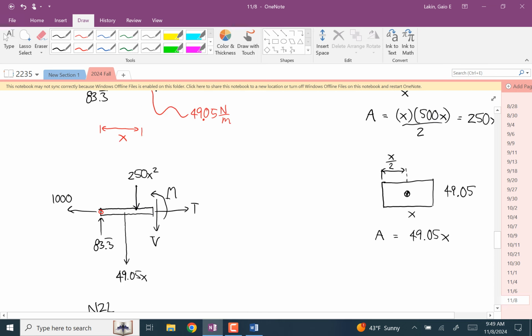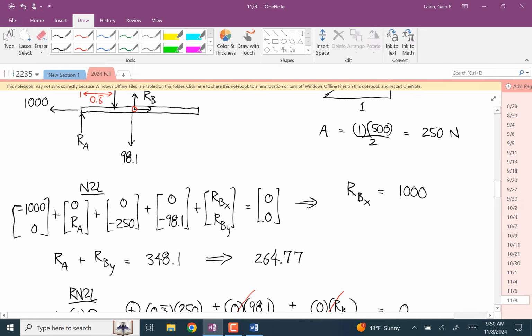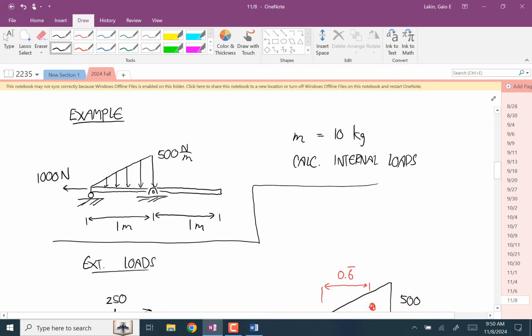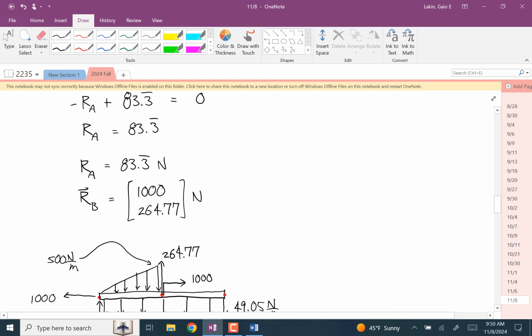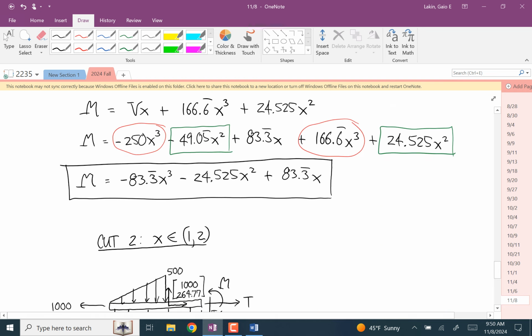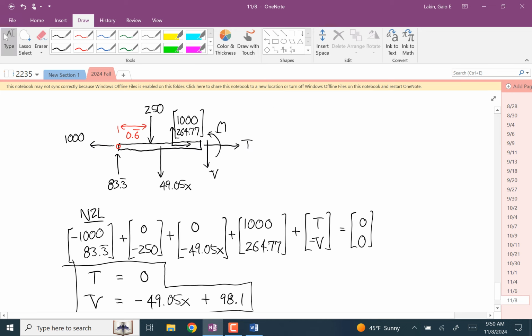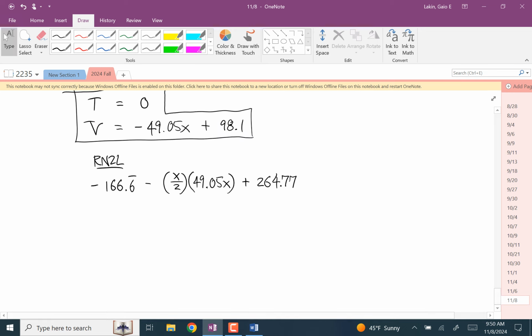So this point force, well, let's look at the original picture. That just comes from this pin joint, and that pin joint doesn't move. Okay, so that pin joint is just 1 meter from the end. So this is just going to be 264.77. And then we have plus M minus Vx is equal to 0.